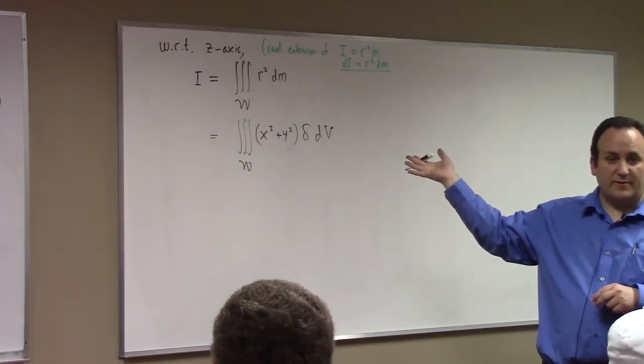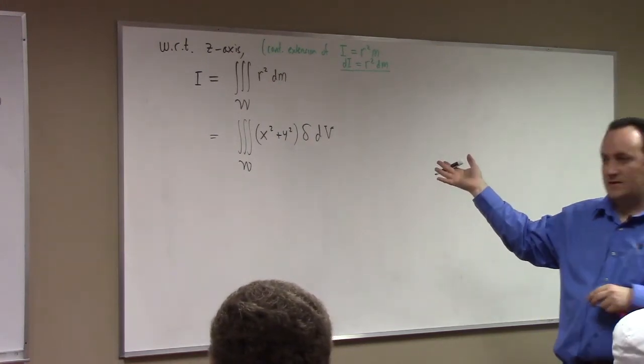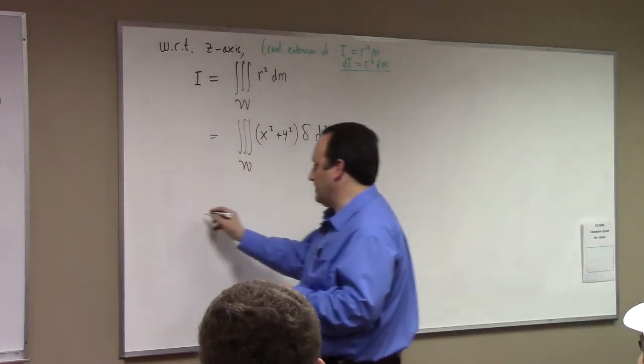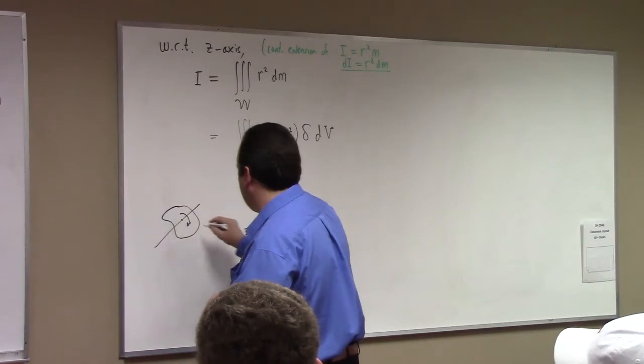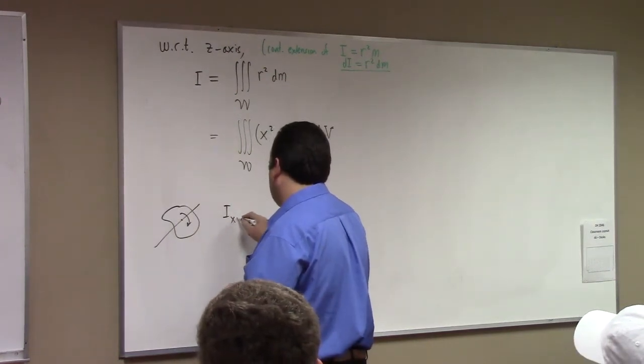What would moment of inertia with respect to the x-axis be? So I got something, and it's spinning like that about the x-axis, what would that look like?